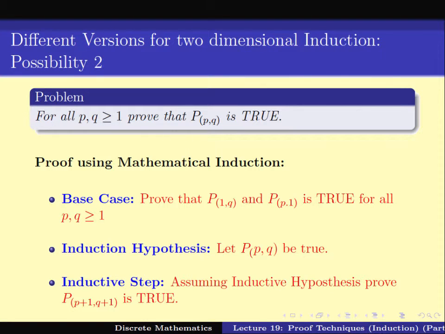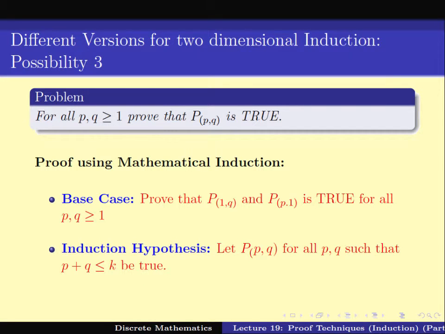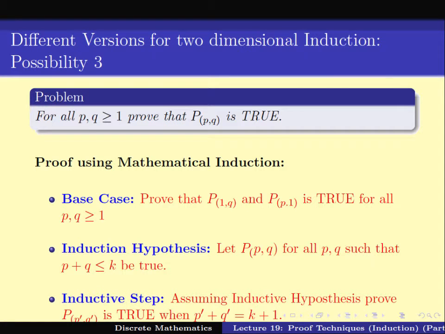Now for version 3, again the same thing, assuming the base cases are the same, but the induction hypothesis now says to prove that P(p, q) is true for all p and q such that p plus q is less than or equal to k. And then prove that P(p', q') is true when p' plus q' is k plus 1.